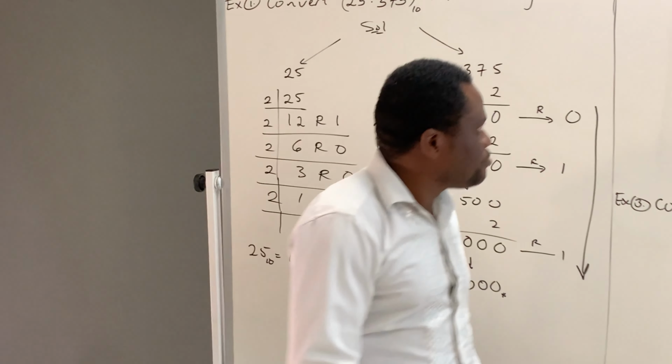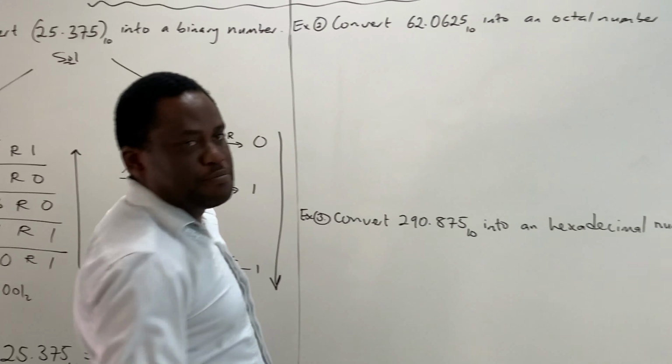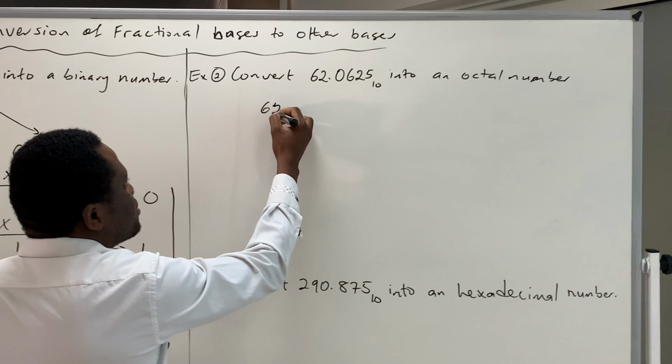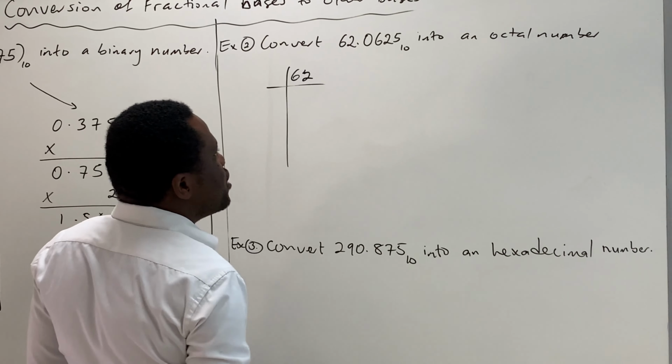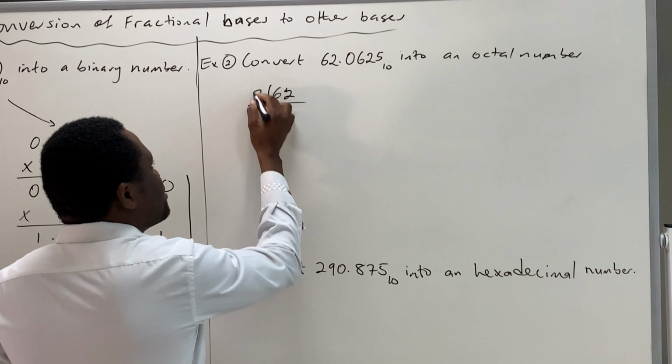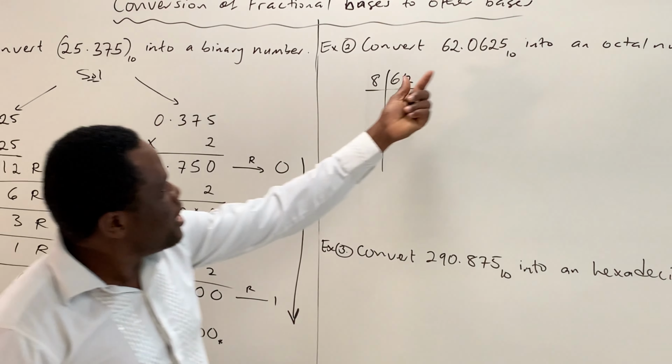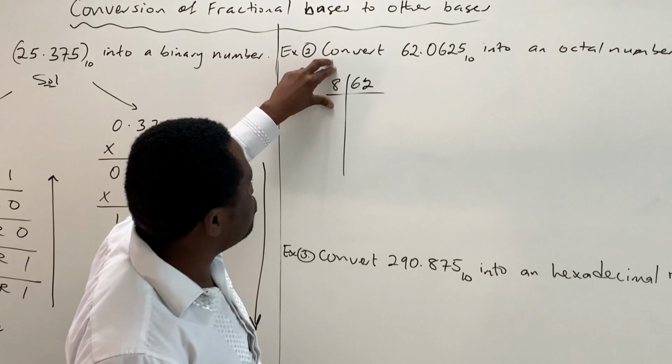More example. The same procedure. The first part is the whole number, which is in base 8. Good. So again, take the whole number out.